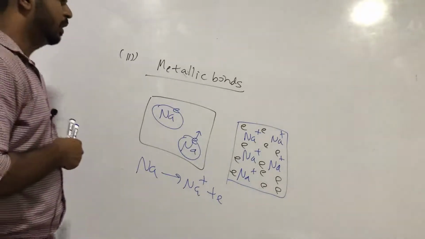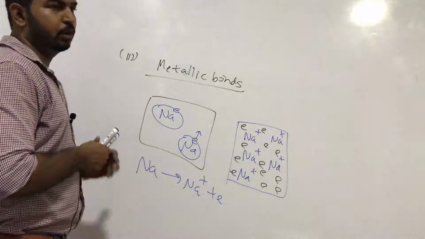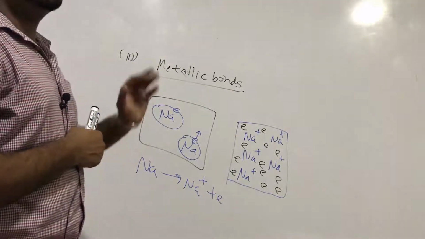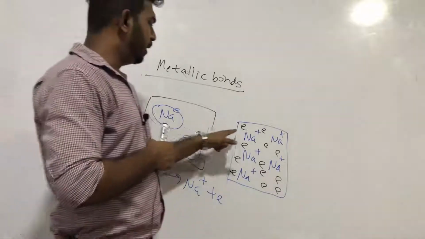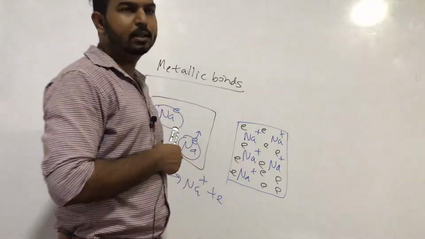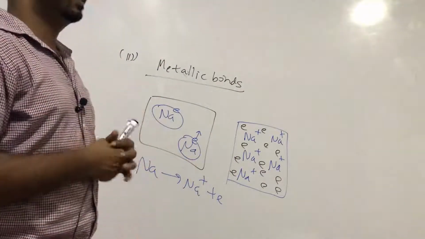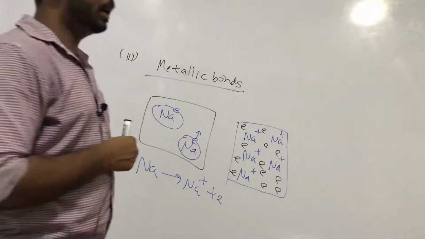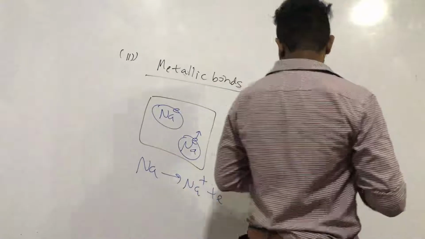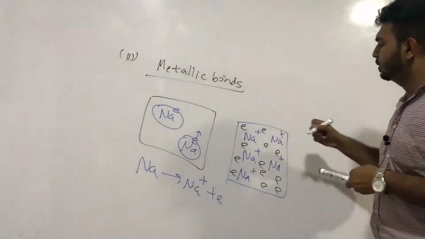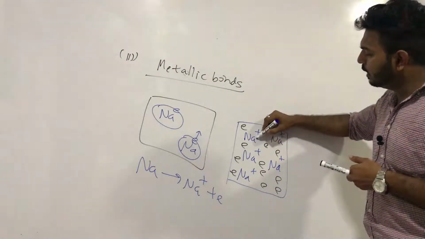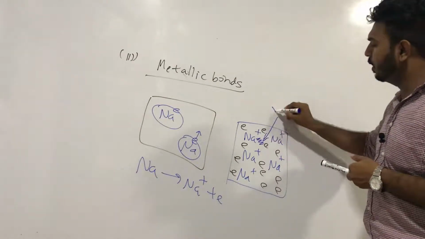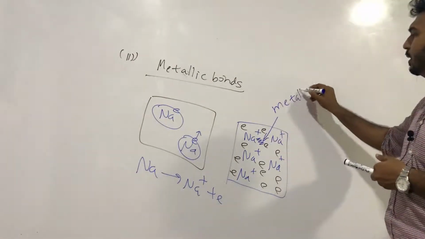These electrostatic forces between positive and negative ions are called metallic bonds.